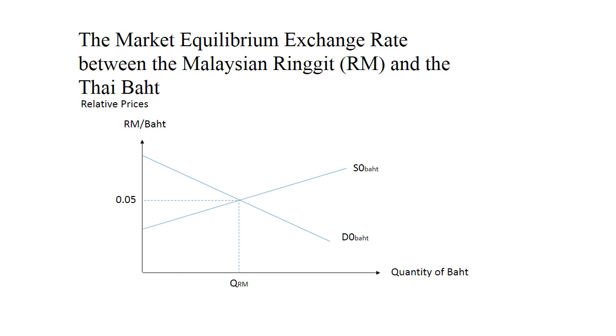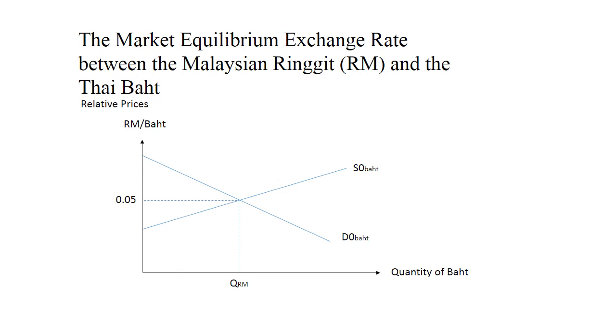So it means that they are going to demand less for ringgit Malaysia. Okay, so if you look at this graph, you cannot find the demand for ringgit Malaysia. So it means that you have to look at the supply of baht.